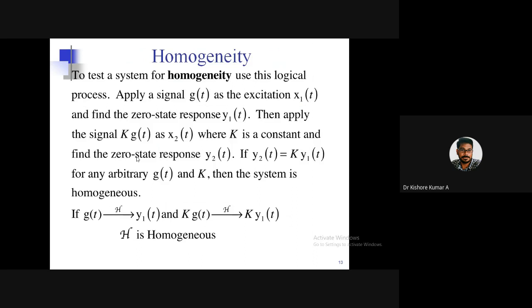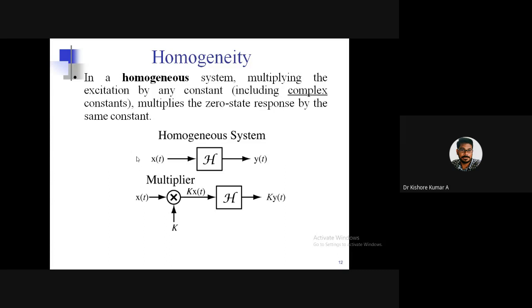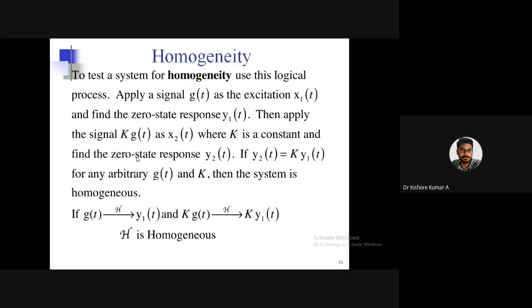Now we have to apply the signal kg of t as x2 of t, where k is a constant, as in the previous diagram, that has been multiplied with x of t.